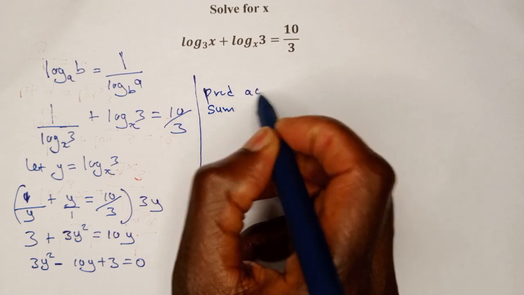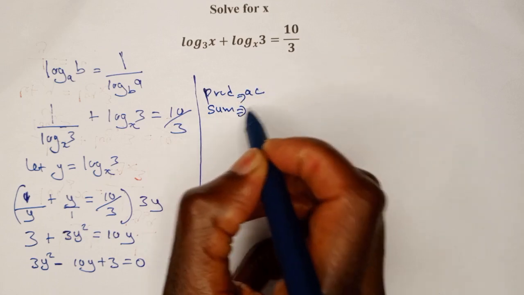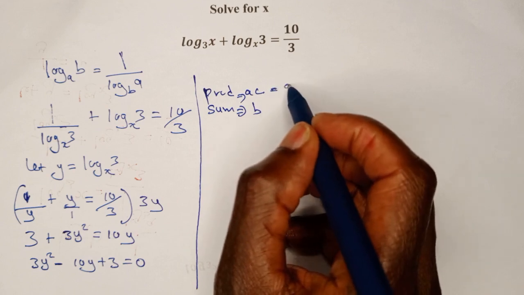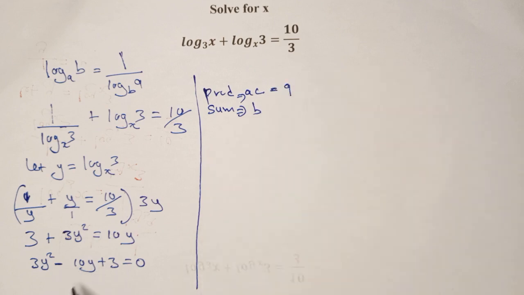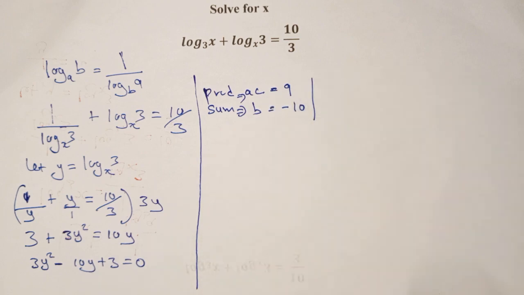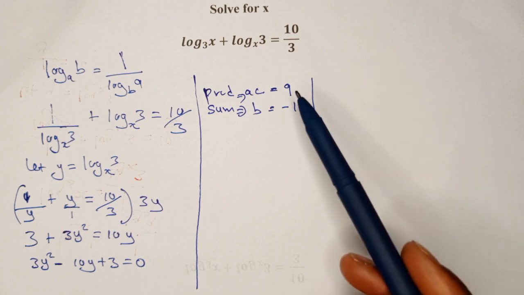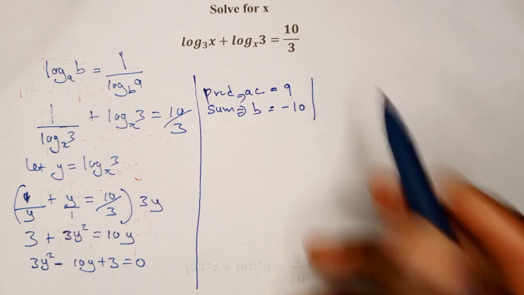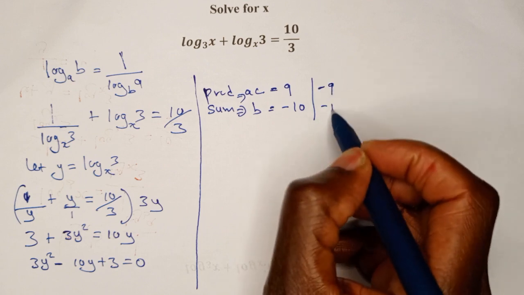Product is AC and sum is B. AC is the coefficient of y squared, which is 3, multiplied by c, which gives you 9. Then the sum is the coefficient of y, which is negative 10. So look for two numbers that when you multiply them you get 9, and when you add them you get negative 10. If you check keenly, that will be negative 9 and negative 1.